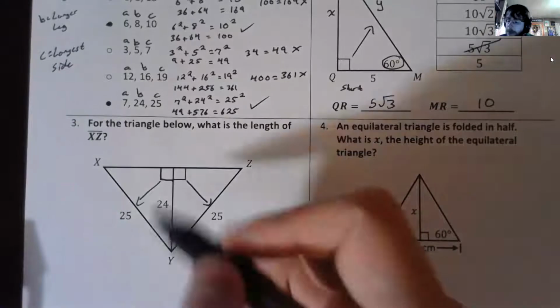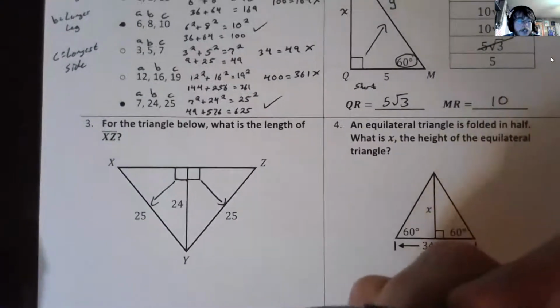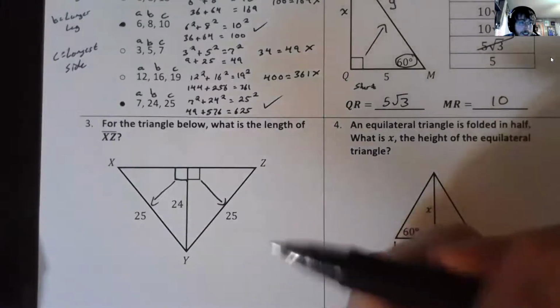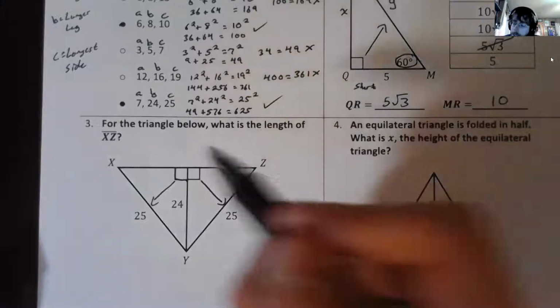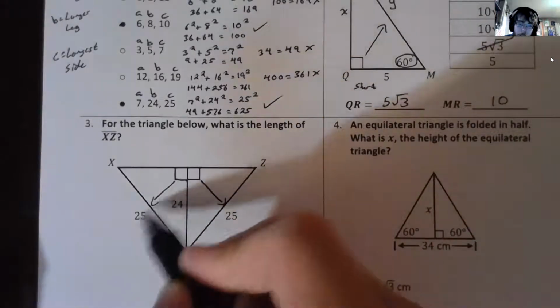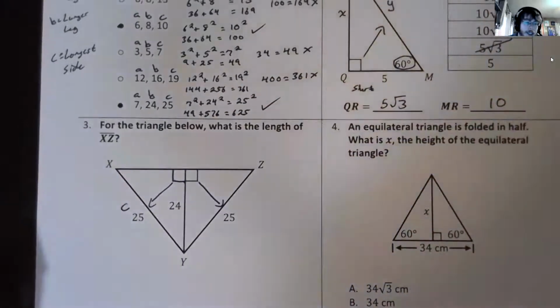So let's do that. To use our Pythagorean theorem, we need to figure out what A, B, and C are. Remember, C is your longest side. It's your hypotenuse. And the hypotenuse is opposite of the right angle. So our hypotenuse is 25. So C equals 25.